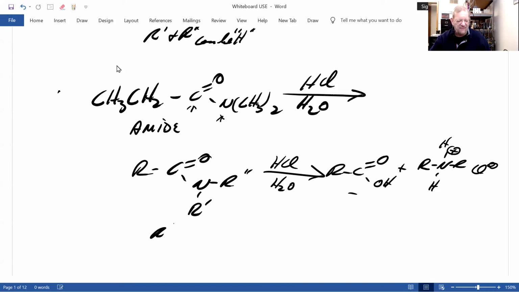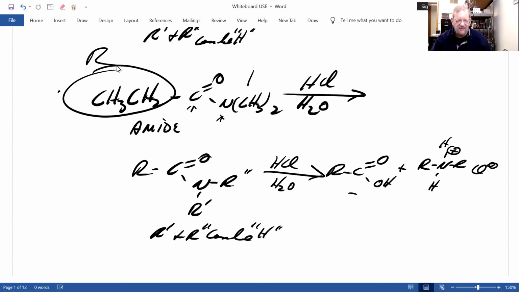And remember, R prime and R double prime can be hydrogen. In this case, they're not. So here is my R group, and notice R prime and R double prime are methyl.